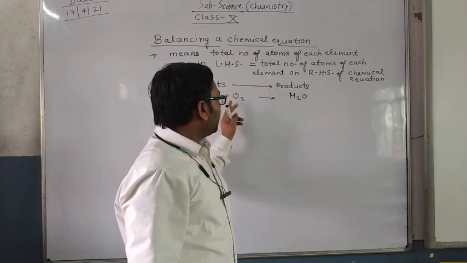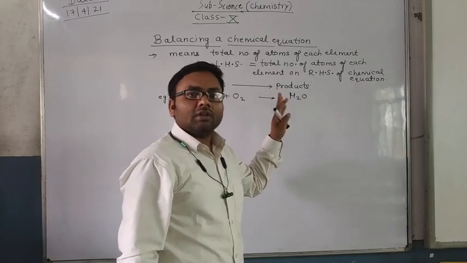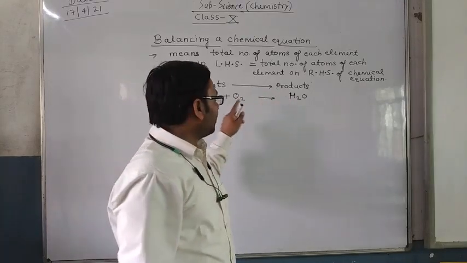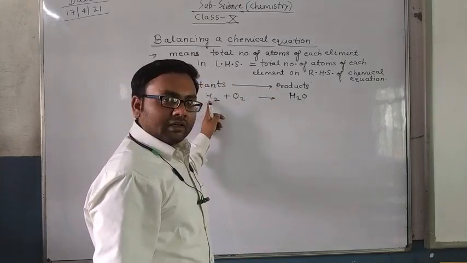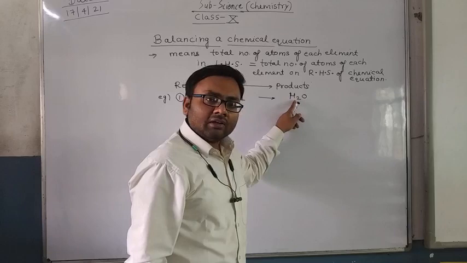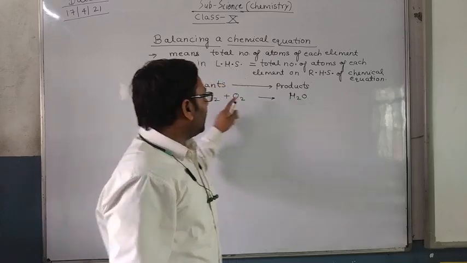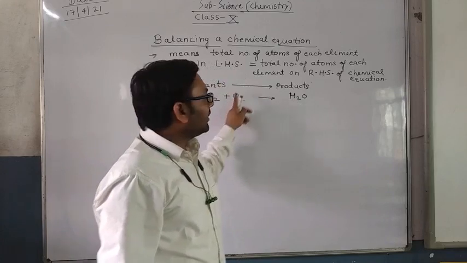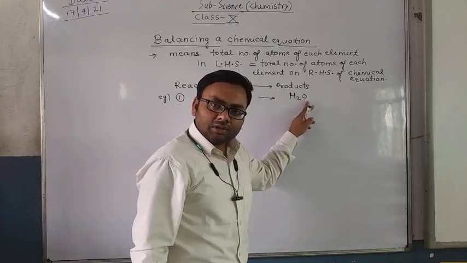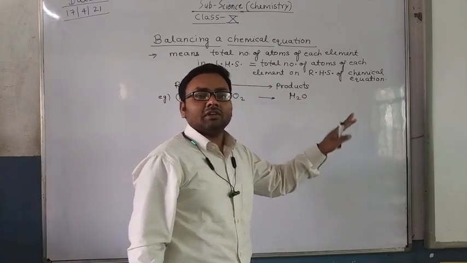If the equation has to be balanced, the total number of atoms of hydrogen on the left hand side, if it is 2, must also be 2 on the right hand side. And if the total number of atoms of oxygen on the left hand side is 2, then on the right hand side it must also be 2. That means the equation is balanced.